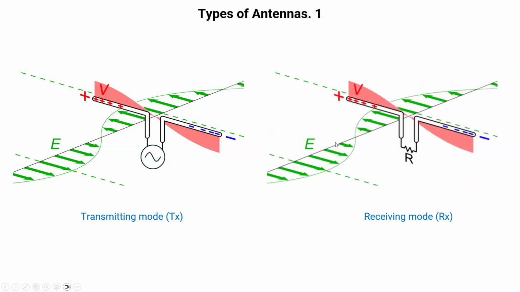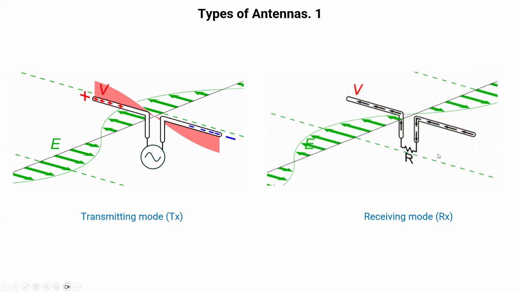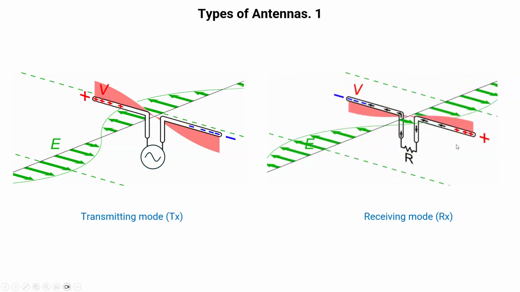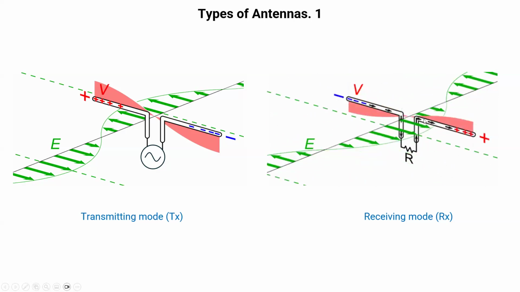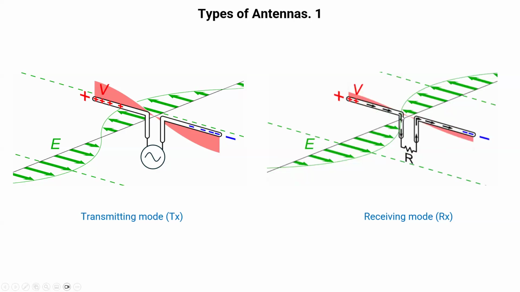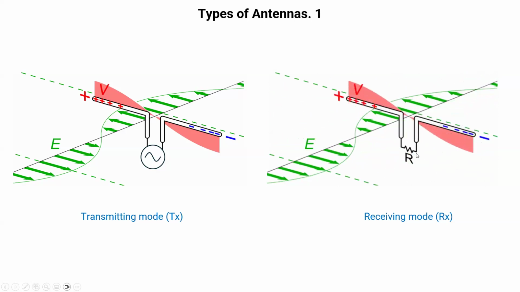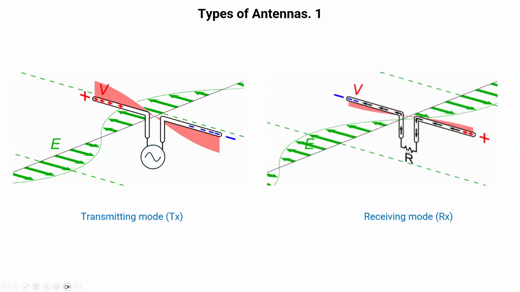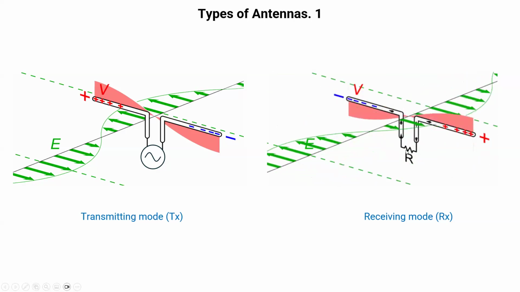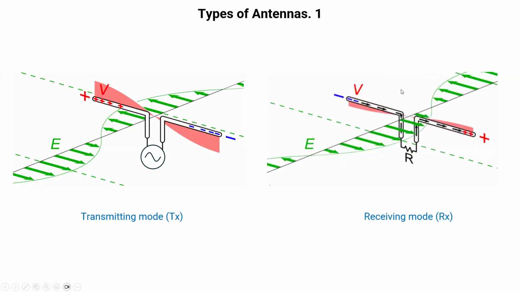This E field is now the incoming field, and as you can see, this incoming field can drive the current back and forth in this antenna, and this current can be absorbed by some sort of a load, shown here by this R connected to this antenna.